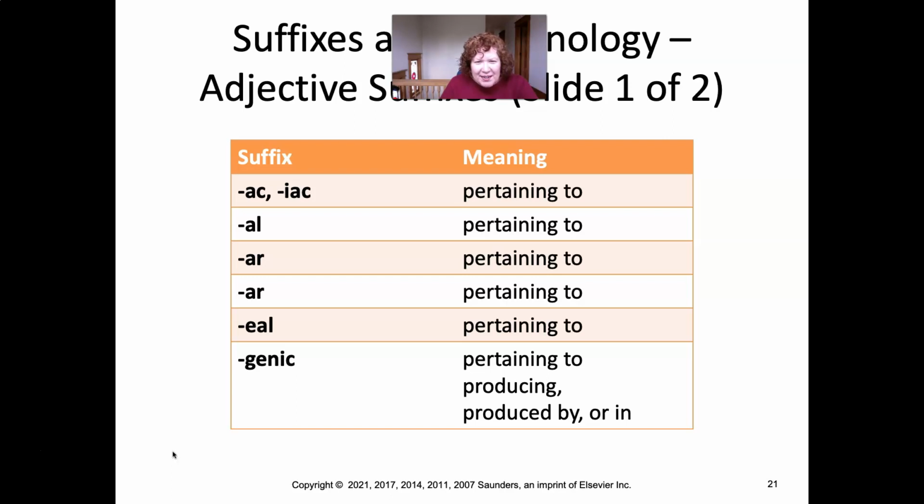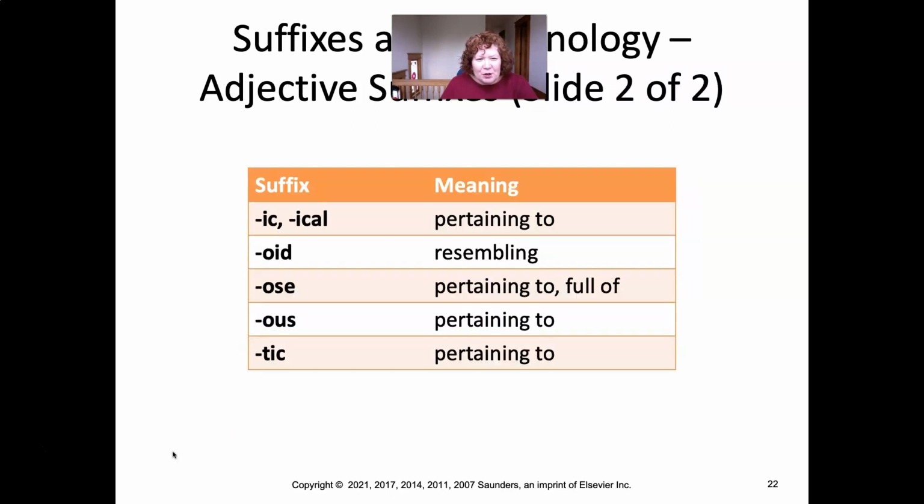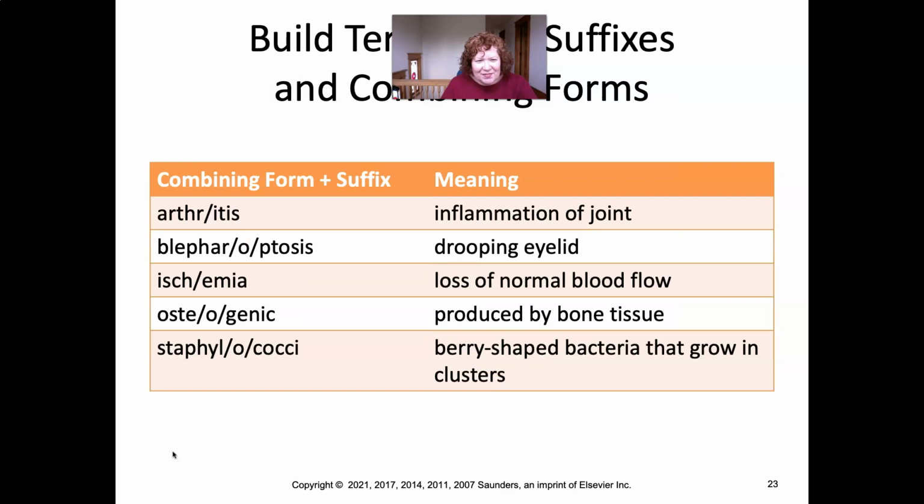They all mean pertaining to. So when you start to study for those, make sure that you understand that those all are suffixes that mean pertaining to. Why they chose to need more than one, I don't know. But there you have it. Oh, and you got ic and ical also, as well as ous and tic. It's not fun sometimes when they repeat like this.